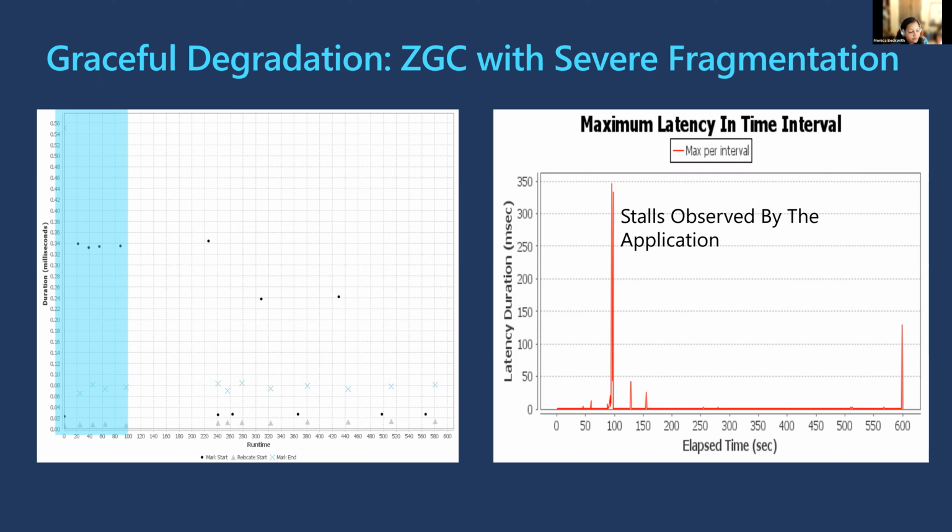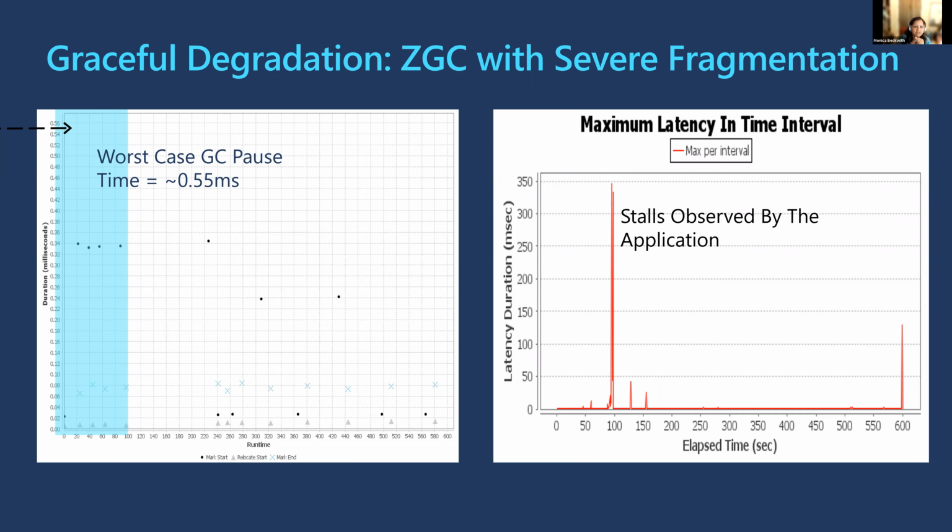So how does ZGC behave? With all these low latency GCs, as I said, the GC thinks it's the boss, right? It tells the application to back off, because it's trying to control its pause time, trying to not give in yet. In this worst case, the pause time was still less than 0.5 milliseconds. And because we asked the application to back off, we see stalls up to 350 milliseconds.